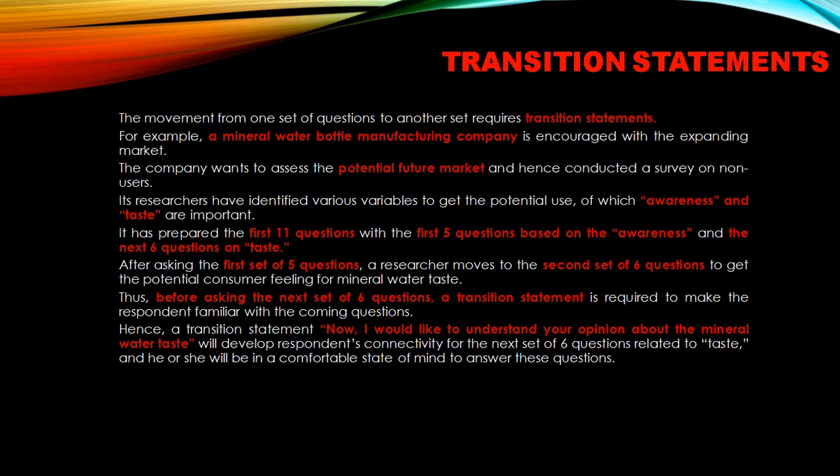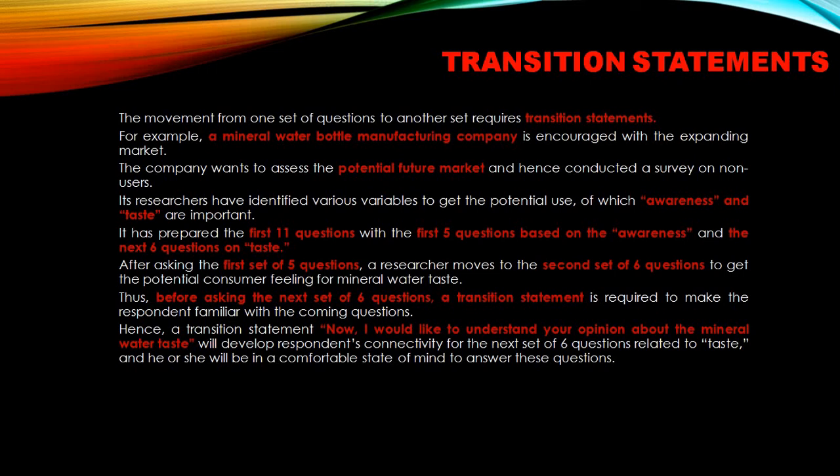Thus, before asking the next set of 6 questions, a transition statement is required to make the respondent familiar with the coming questions. Hence, a transition statement: now, I would like to understand your opinion about mineral water taste. This will develop respondents' connectivity for the next set of 6 questions. Clear?